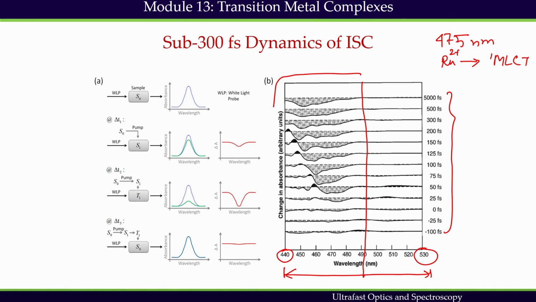A bleach begins to evolve at 470 nanometer near delta t equals 0, and grows substantially in intensity by delta t 50 femtosecond.